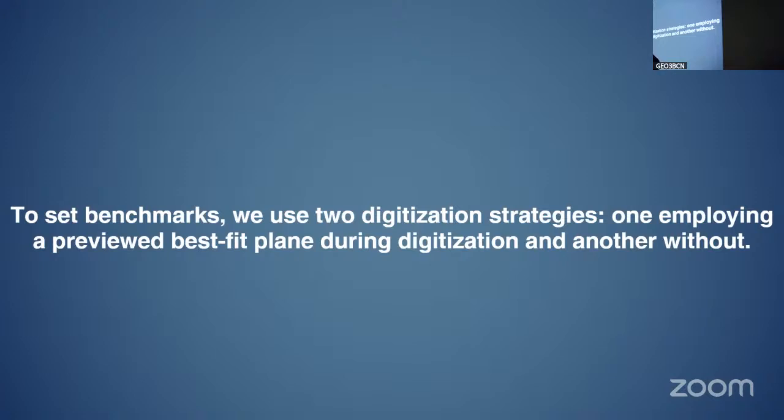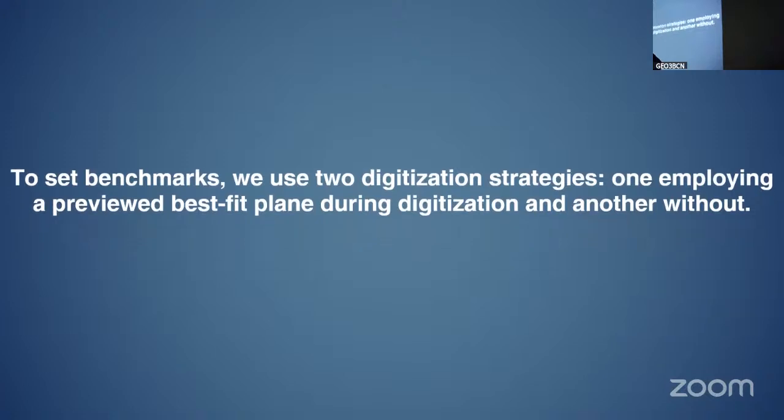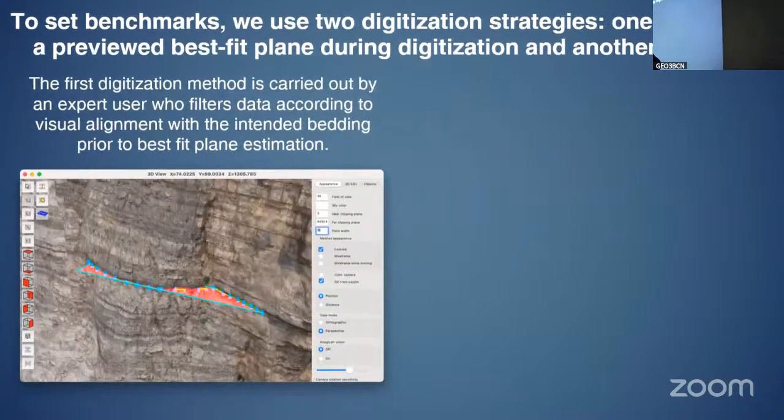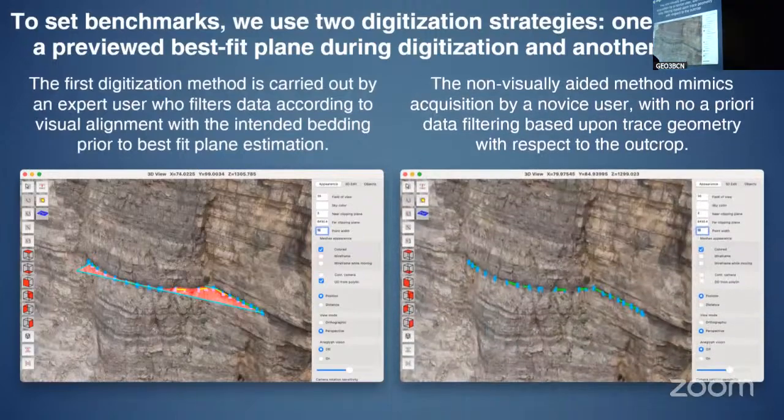So we compared the statistical attributes of the two datasets in order to derive some kind of benchmark. Well, the first is supervised, with preview, and the second was unsupervised, without preview. Let me call them the expert and novice approach. This simulates the approach of an expert user.